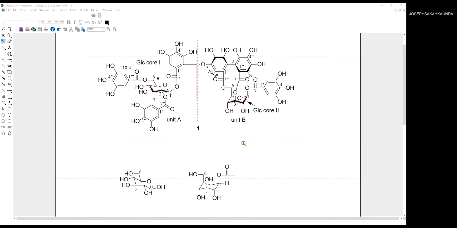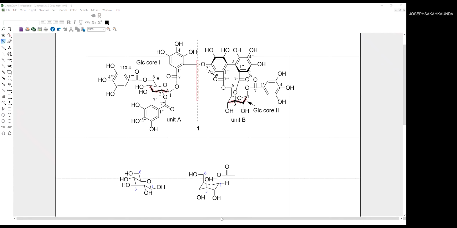Don't forget the value of that carbon, the chemical shift, because we need it to find that proton. And then we will need the proton we are looking for to find other carbon signals that are assignable to that galloyl group, that benzene ring.